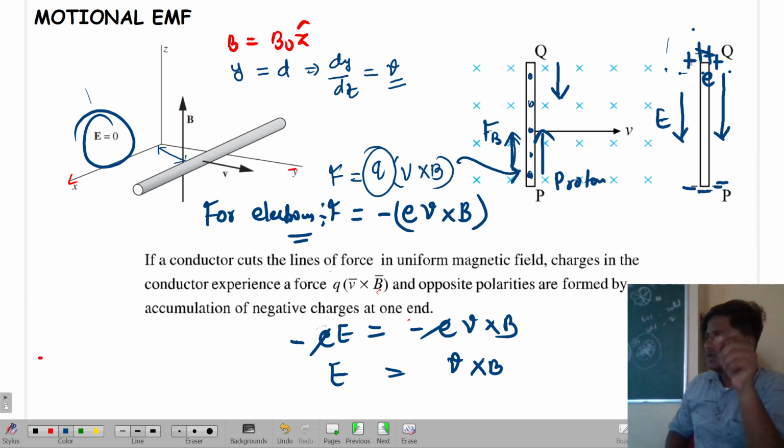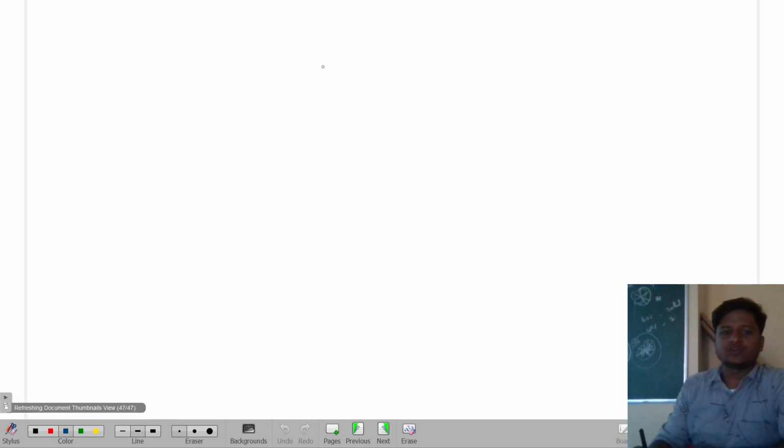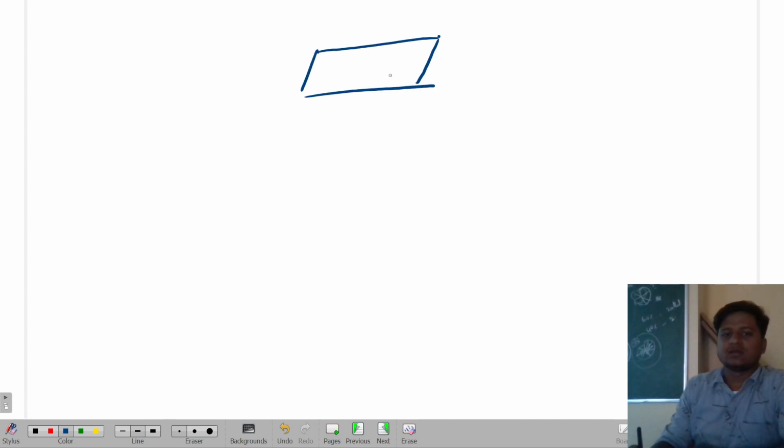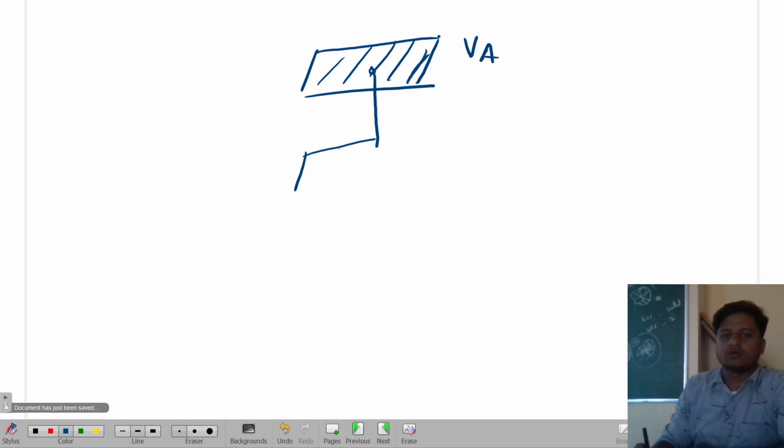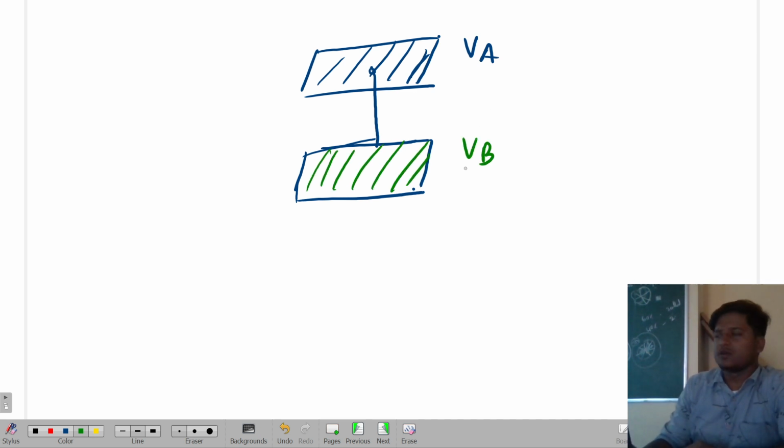Now look over here. Now try to see. Is the electric field equal to potential difference divided by length? We have done this now. Let's suppose you have two equipotential surfaces. This is at potential V of A, and there is another equipotential surface below it which has potential V of B. The distance between these two equipotential surfaces is how much?